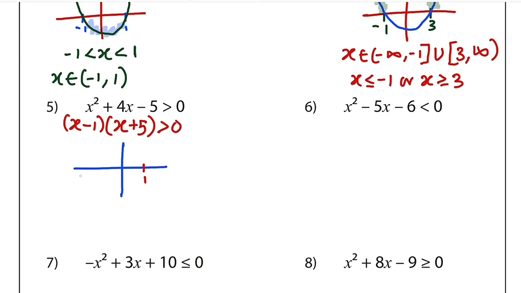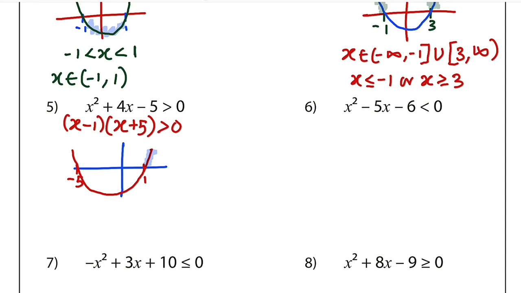We have 1 here and we have -5 here. And the leading coefficient is what? Positive. So we should expect an open up parabola. So it will be like this. Something like this. And it is what? Greater than type.